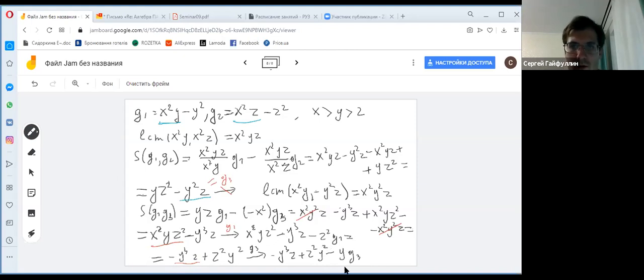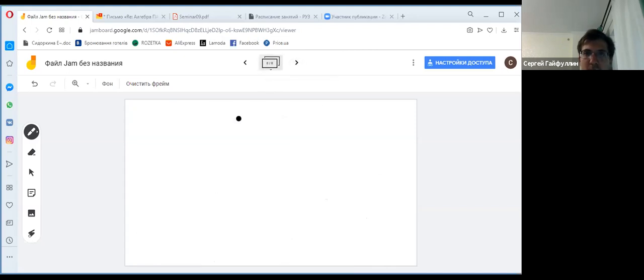Here is square. And this is just 0. Okay, we have checked that the S polynomial of G1 and G3 can be reduced to 0. And the last, I hope, is that the S polynomial of G2 and G3 can be reduced to 0.